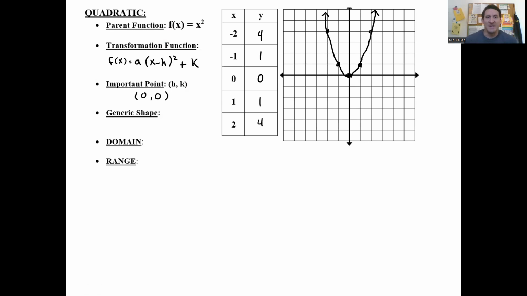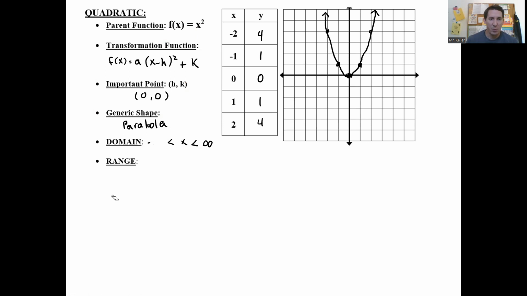The generic shape is a parabola. The domain can be anything. So I'm going to put this in inequality notation. It can go all the way to negative infinity and all the way up to positive infinity.